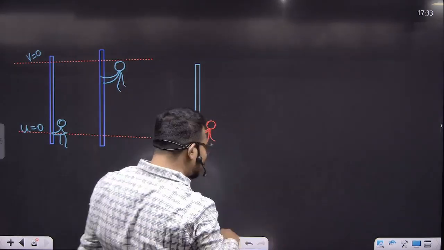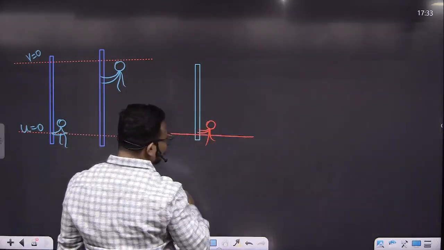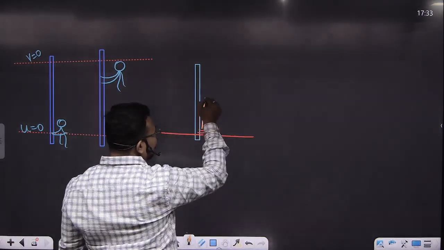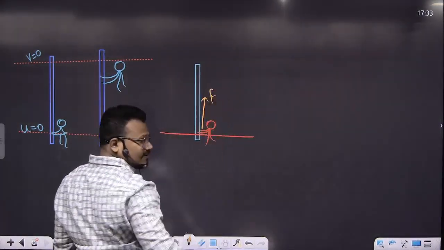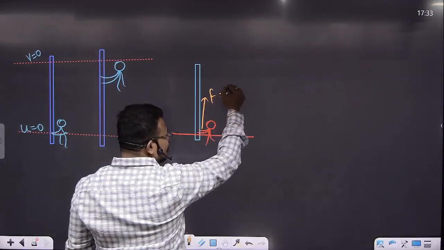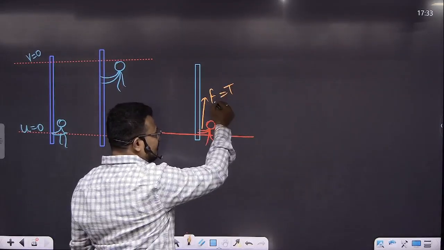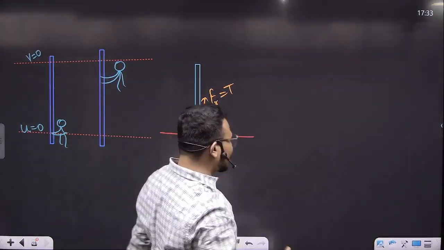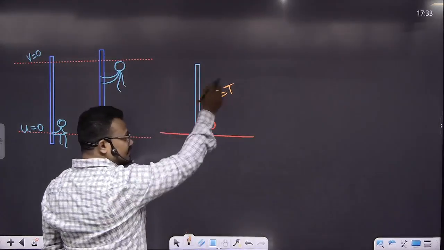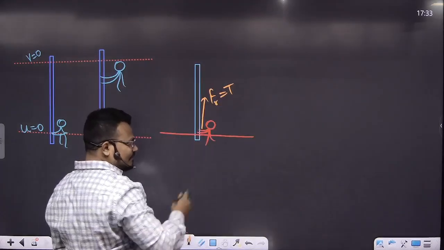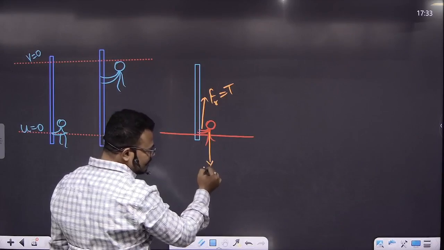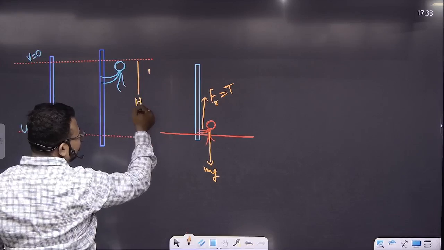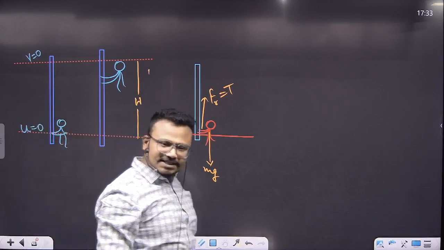Tension and friction are acting up. Tension is equal to friction, we can say, friction between them, Fr. So work done by friction and work done by tension will be there. Mg is acting down, and h height I have taken, from here to here.